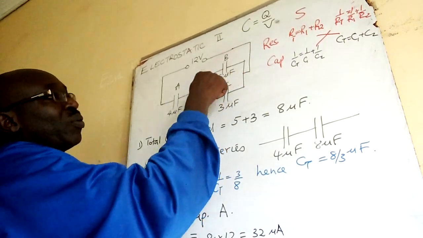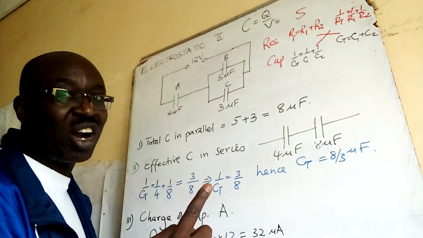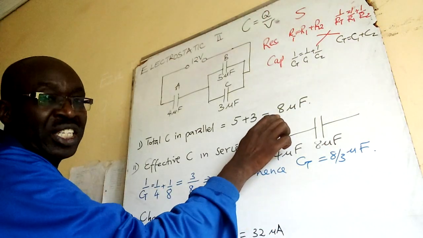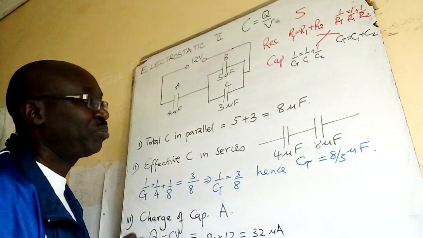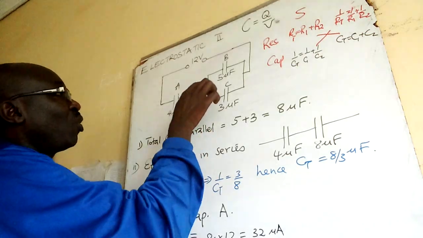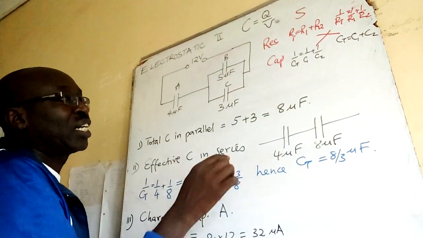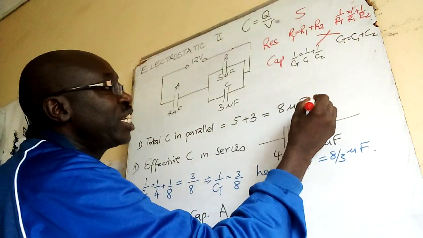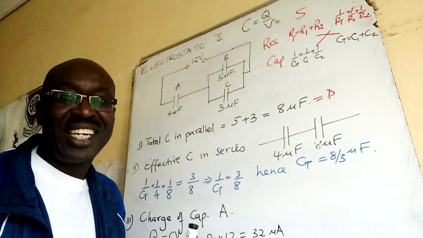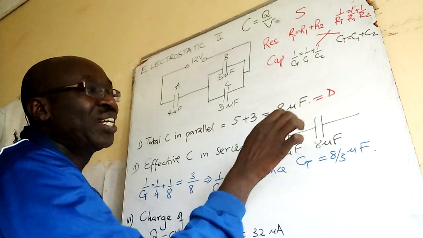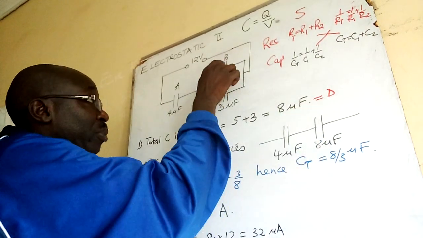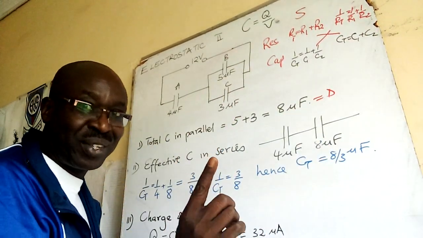So these will be replaced by a single capacitor whose value is 8 microfarad. Correct? I can give it the name D. So there is D which has replaced B and C.